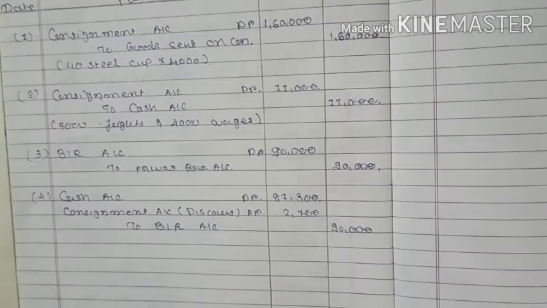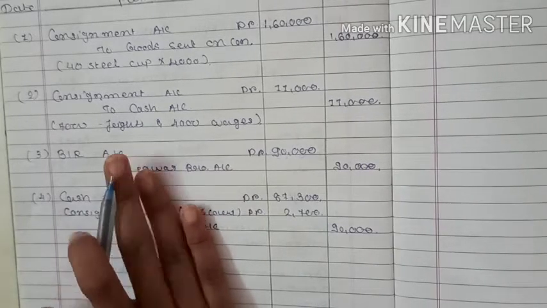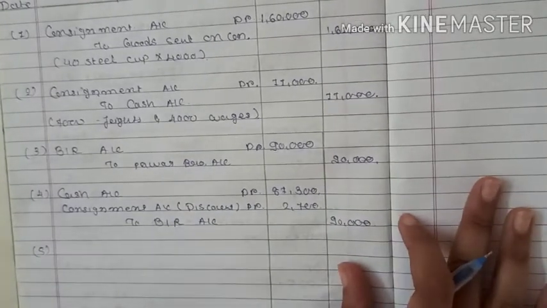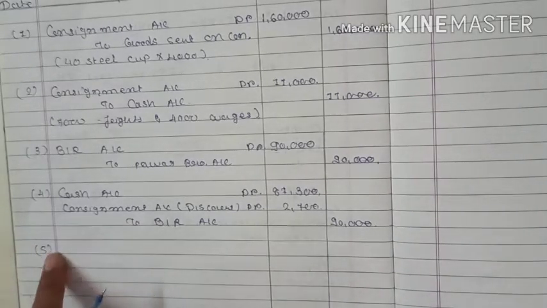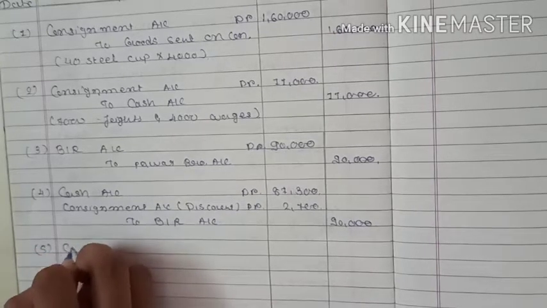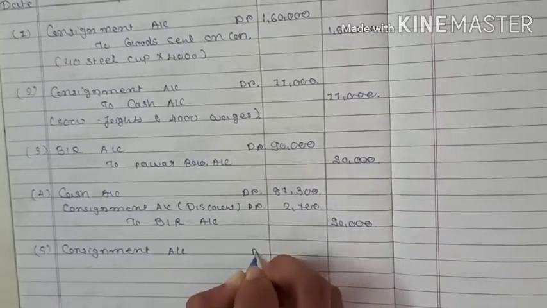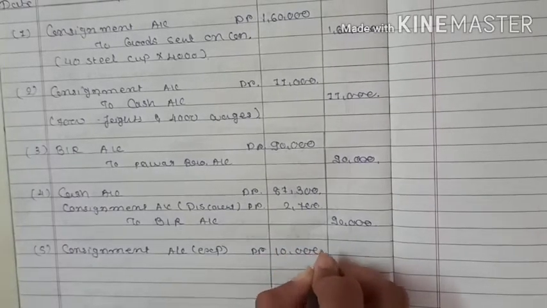Then some of the expenses are paid by the consignee. So ultimately the expenses are borne by whom? The consignor. So there should be a note in the books of the consignor also. So next entry is expenses paid by the consignee. So it is an expense, right? So it should be a debit to the consignment account. So we will write consignment account debit in a bracket expense of rupees 10,000 to whom?